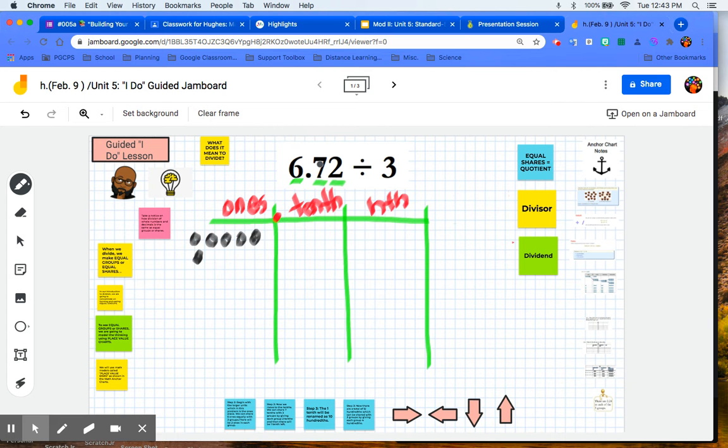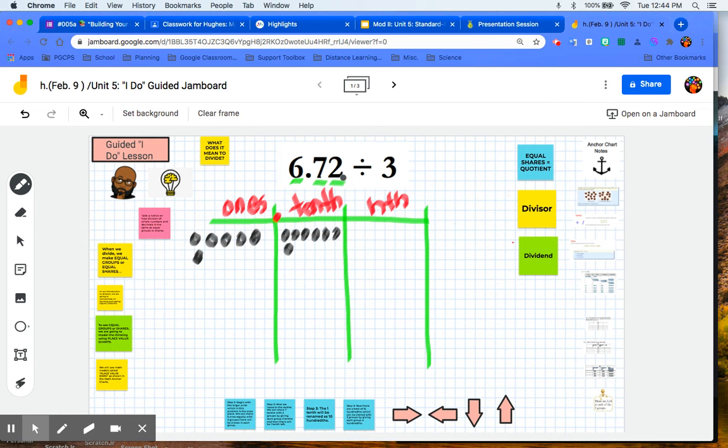How many tenths do I have? 7. 1, 2, 3. Please hold all questions until after the guided lesson. 3, 4, 5, 6, 7.